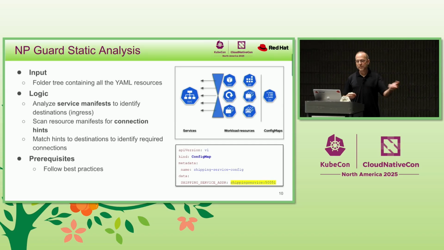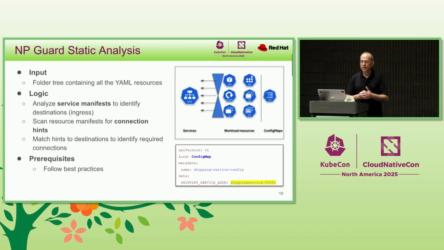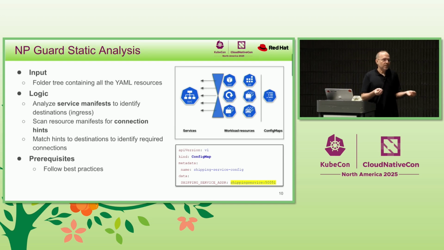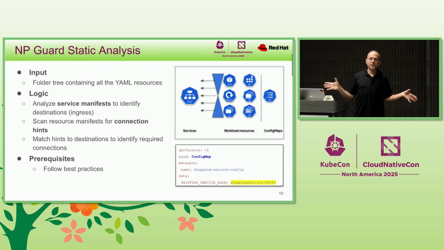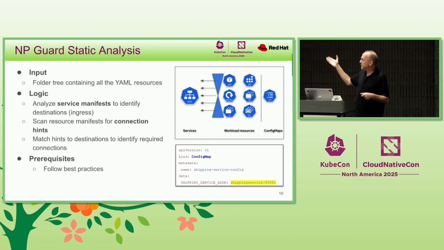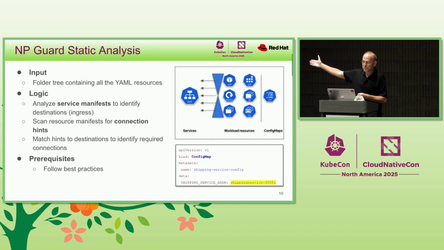By looking at the services, we identify the destinations for ingress, and then we scan all the resources for connection hints. If your application follows best practices, this is good enough. We've run this demo on many projects, and it typically just works. You can see here in the example, in the config map, there's a shipping service port. That's enough for us to pick up that hint.